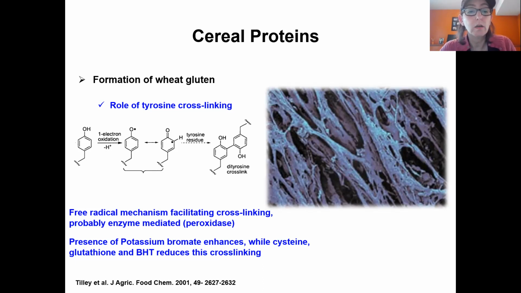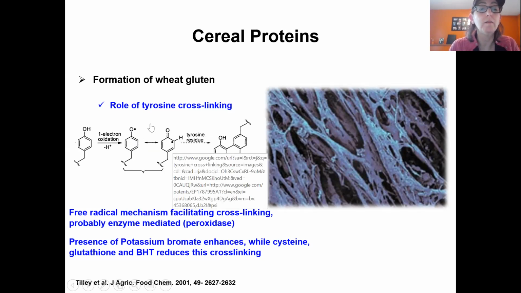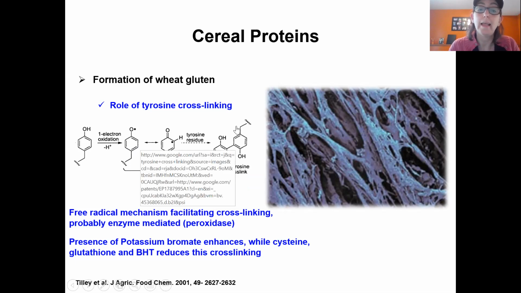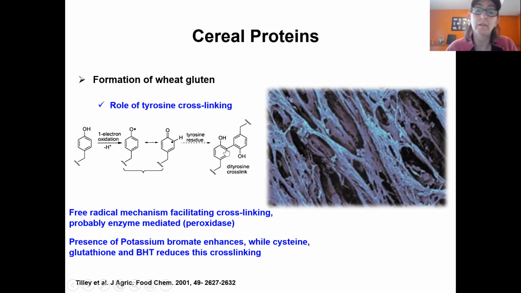Also, an oxidative enzyme like peroxidase, they found, would enhance the formation of radicals, like this is a tyrosine radical and another tyrosine radical. They are formed upon oxidation with peroxidase, and they form a dityrosine crosslink.